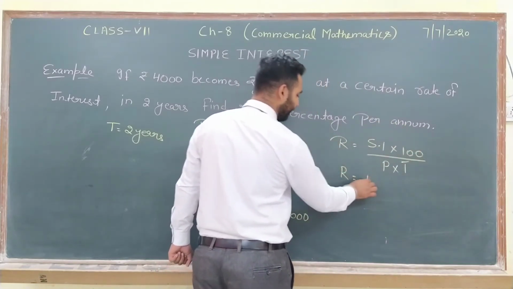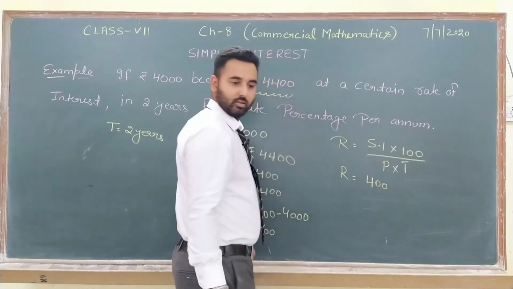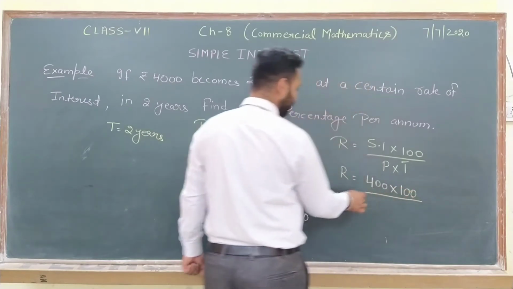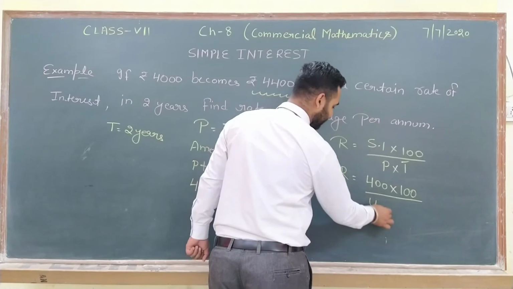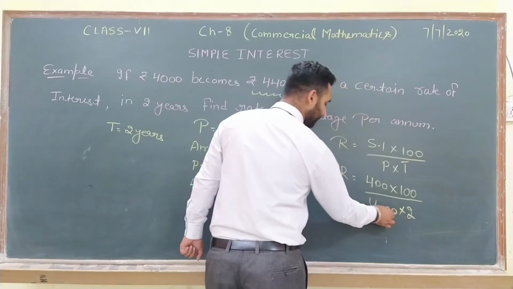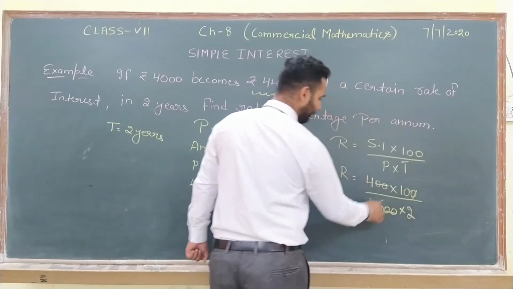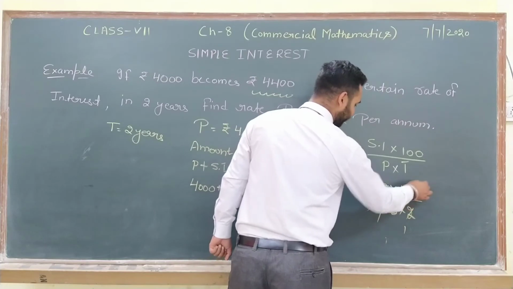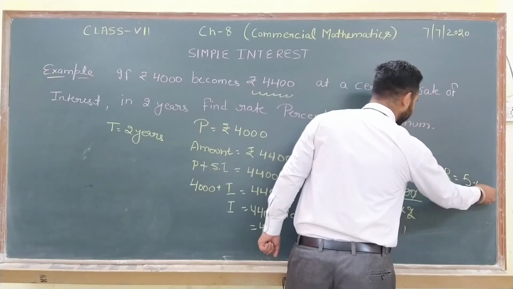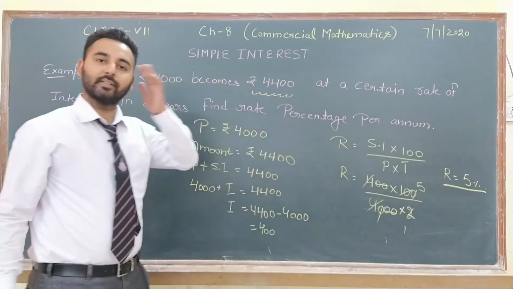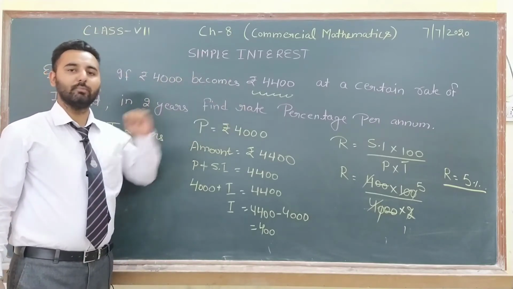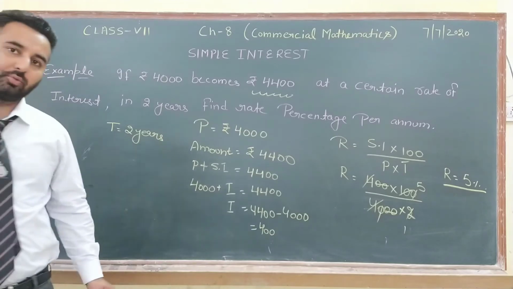Simple interest is 400 rupees multiplied by 100, principal is 4,000 multiplied by 2. 2 0 2, here 1 0. 4 will be cancelled by 4. 1 is a 5 is a. So the rate of interest I got is 5%. Means at the rate of 5% per annum, rupees 4,000 will become rupees 4,400 in 2 years.